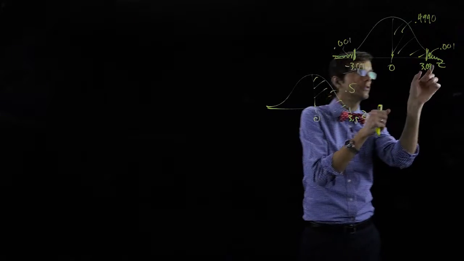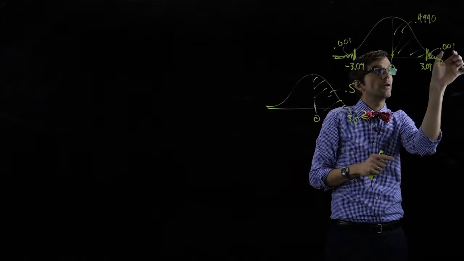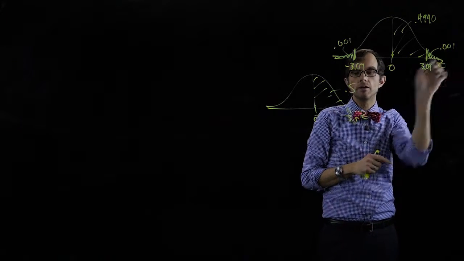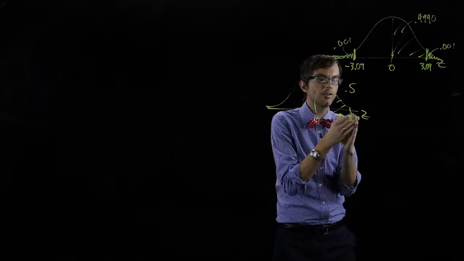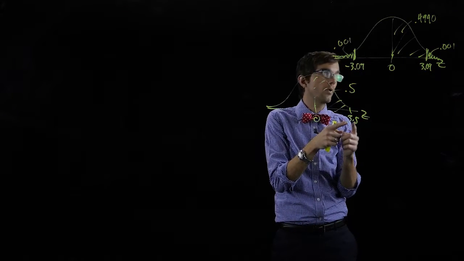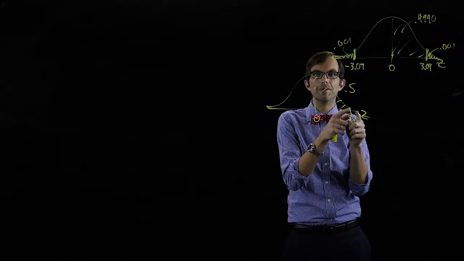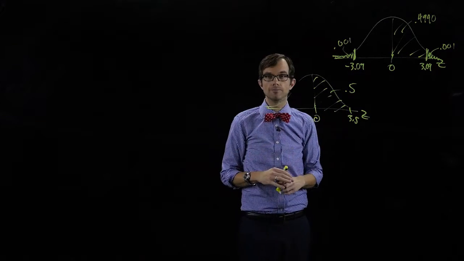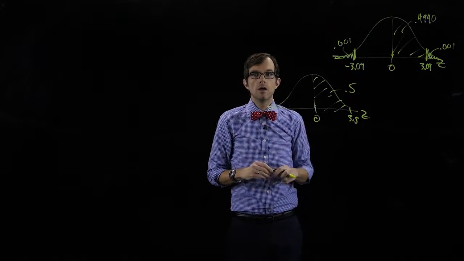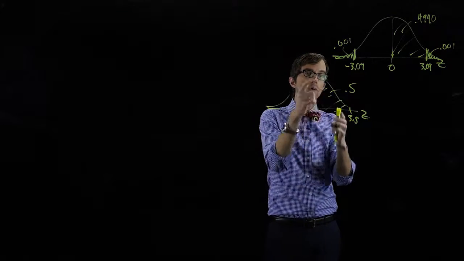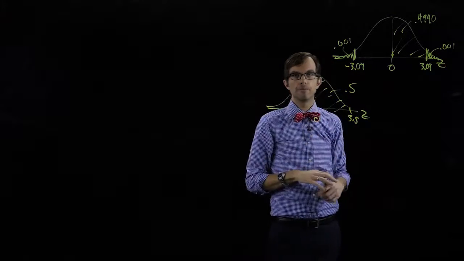Here, at 3.09, there was only 0.001 probability up here. If we move this value of z a few tenths of standard deviations away, we're essentially seeing no probability in this tail. And that's okay. So we could assume just 0.5 for this probability.